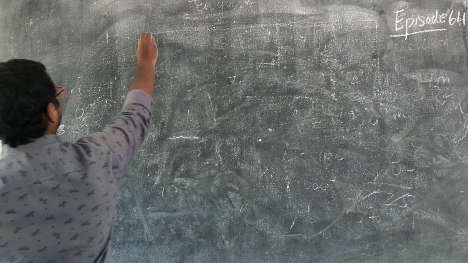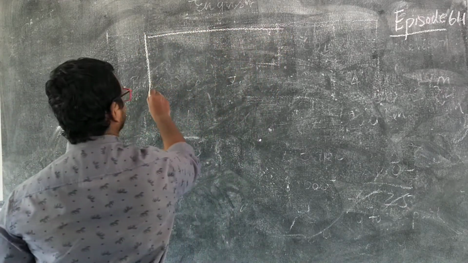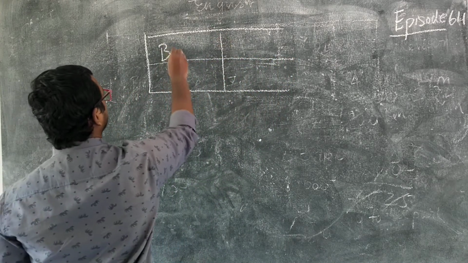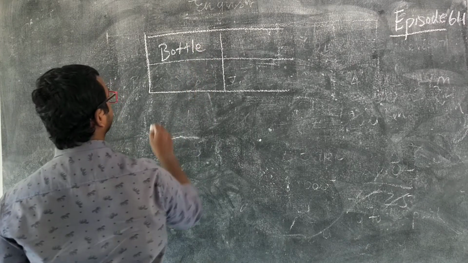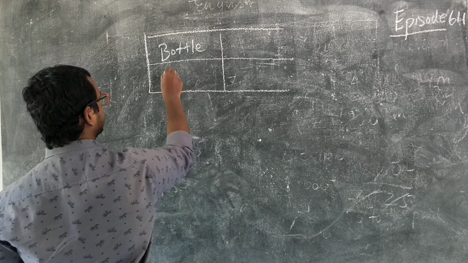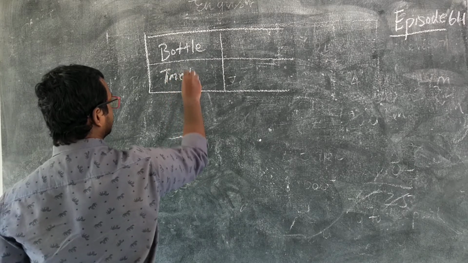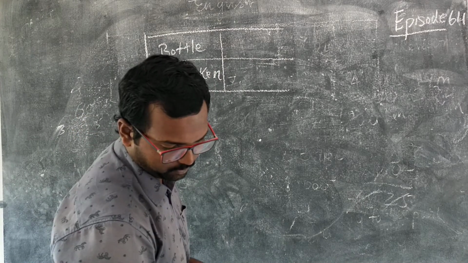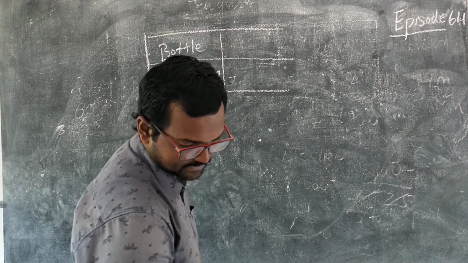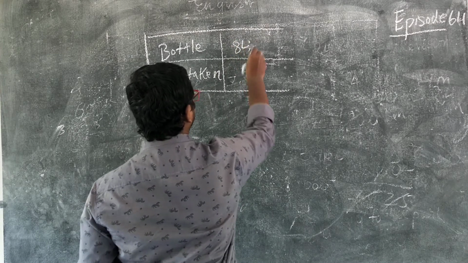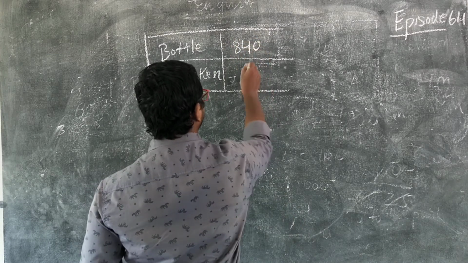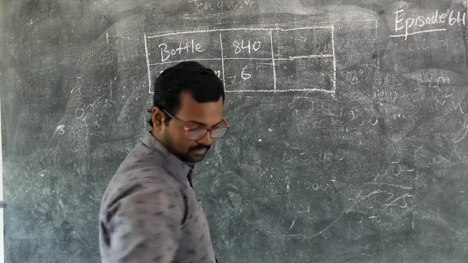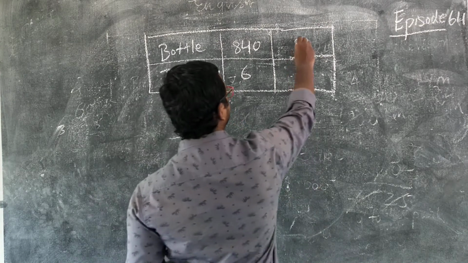Okay, so this is bottles filled and this is time taken. 840 bottles are filled in 6 hours. Then the question is, how many bottles can we fill in 5 hours?